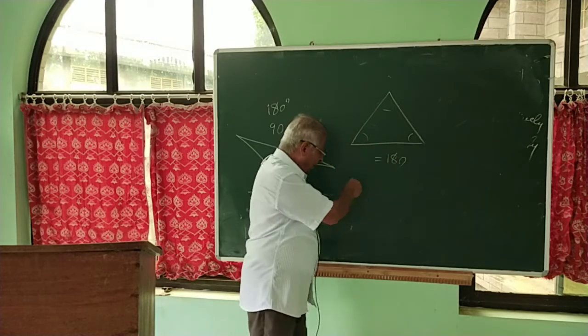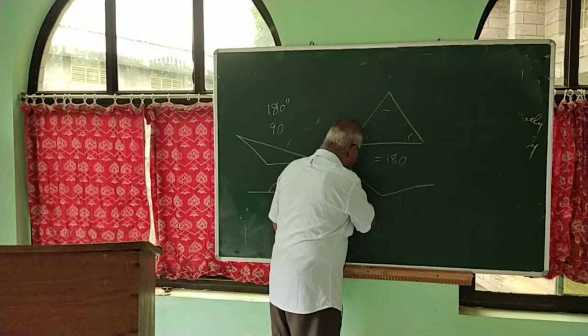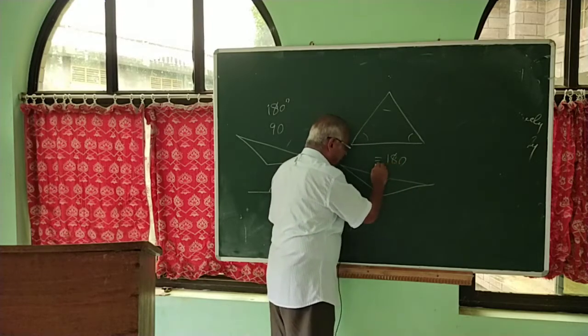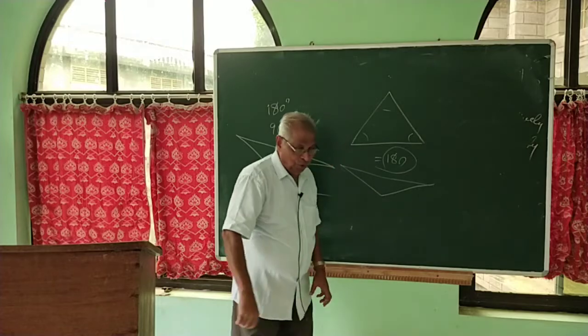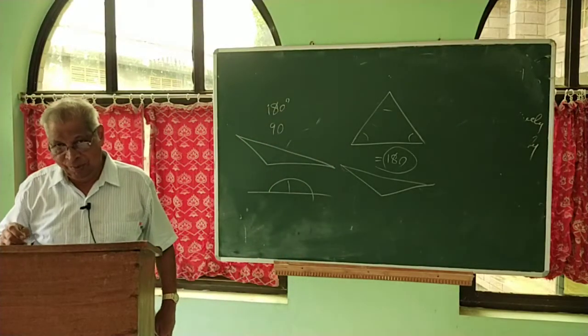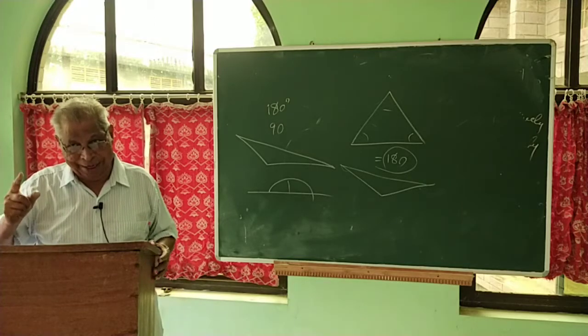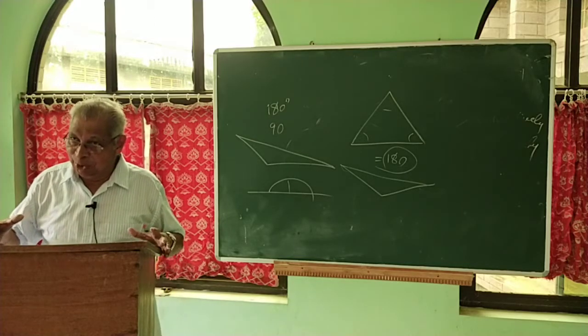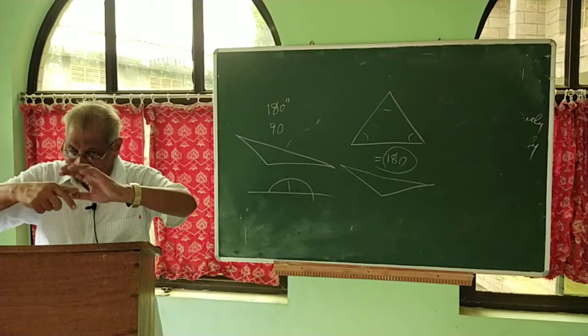Whatever be each angle, together it will be 180. That means 2 right angles. So in the second case, all angles of a triangle constitute 2 right angles. There we are referring to all angles together.